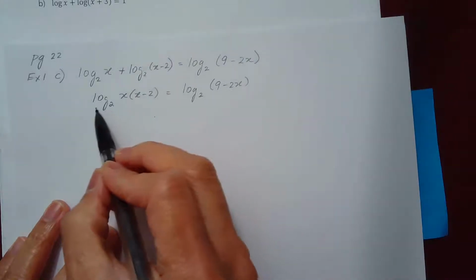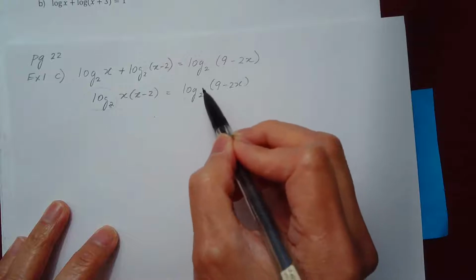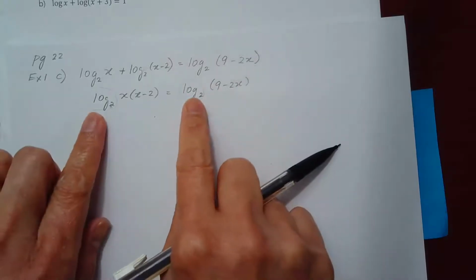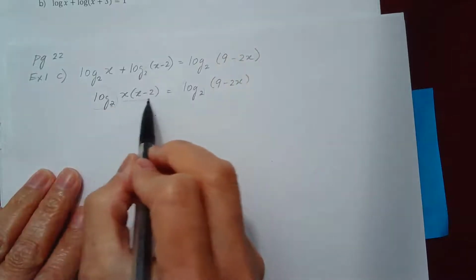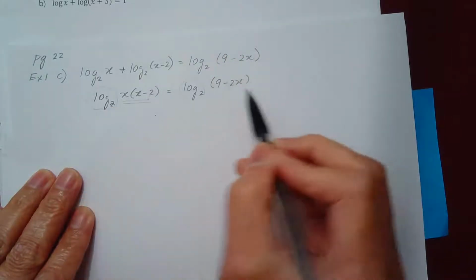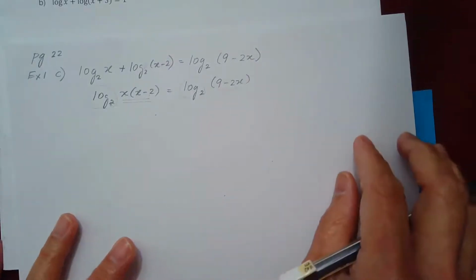So can you see here they have the same base? Now, if these two are the same and overall they're equal, so that means x times x minus 2 must be equal to 9 minus 2x.